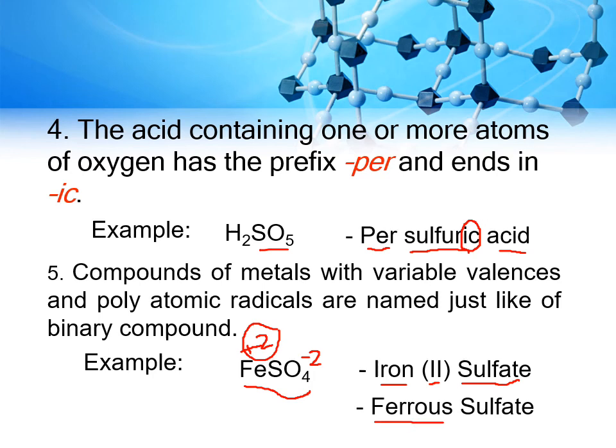Since this is +2 and is lower than the oxidation state of iron as +3, therefore we will be using the suffix OUS, and the name of this is ferrous followed by the name of the polyatomic ion SO4, that is sulfate. Thus, the name of this is also known as ferrous sulfate.